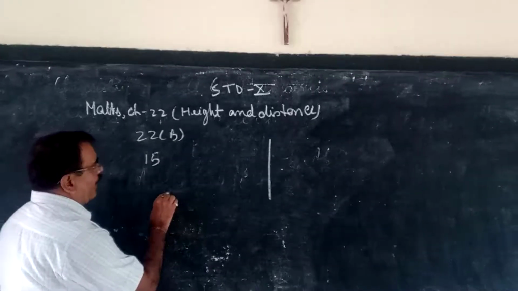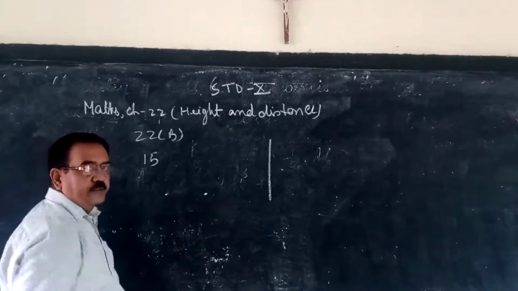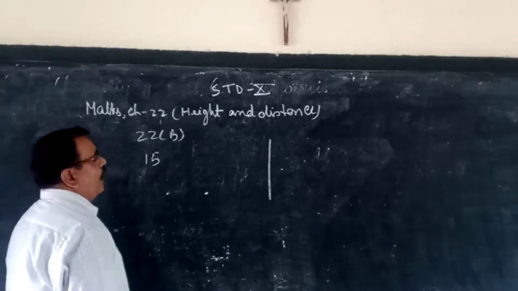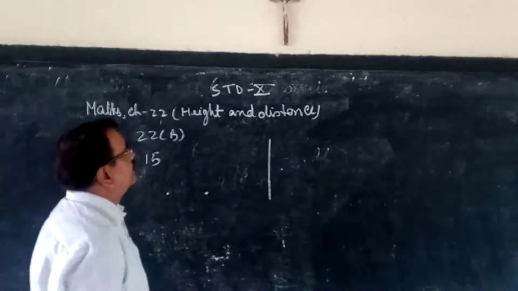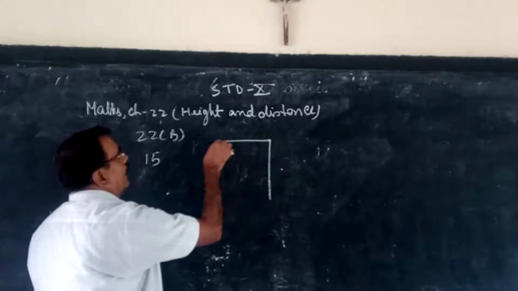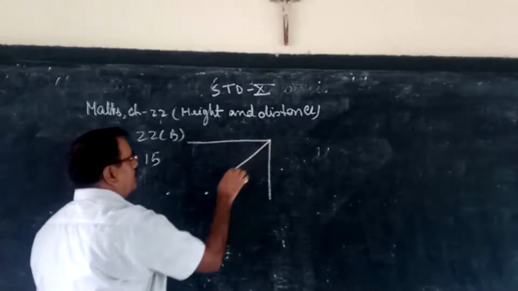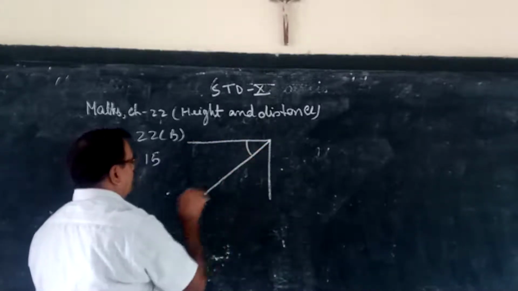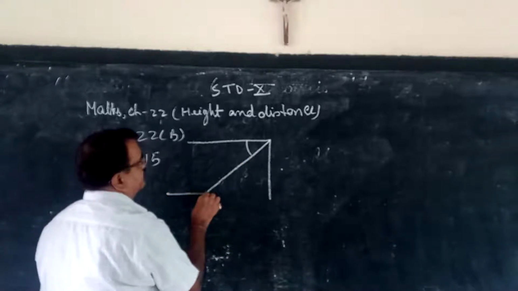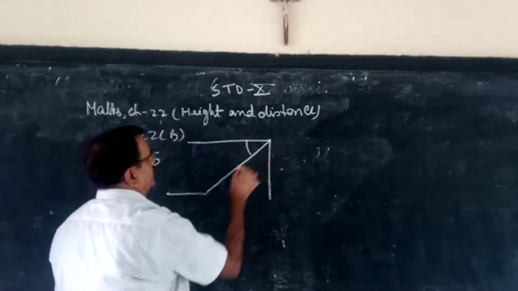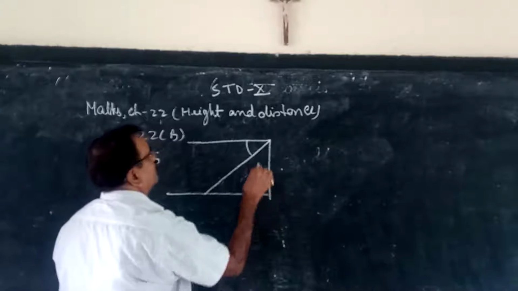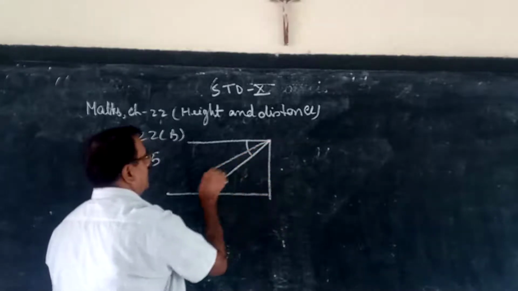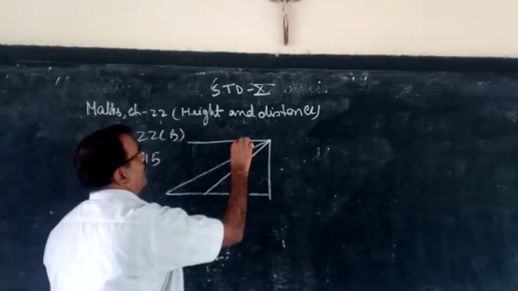At these two points we have taken the positions of the stones, and the angles of depression are this angle and this angle.